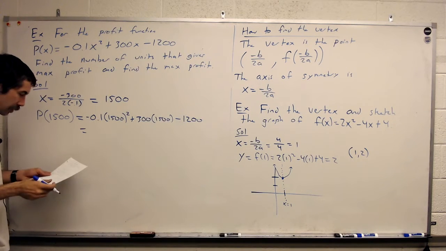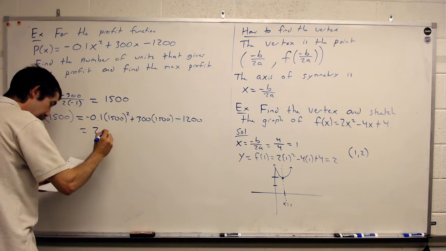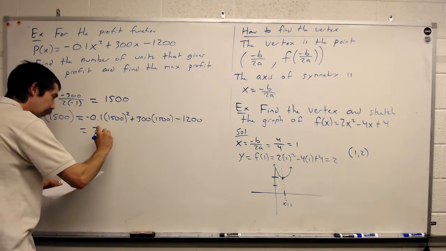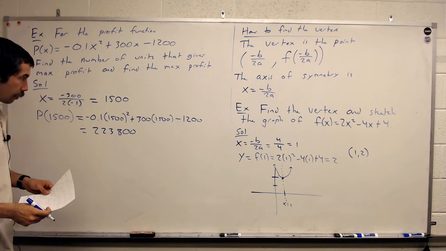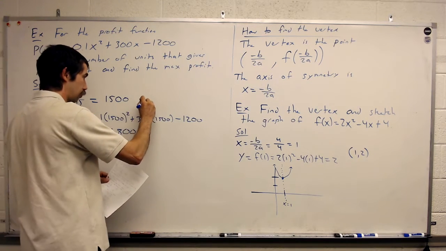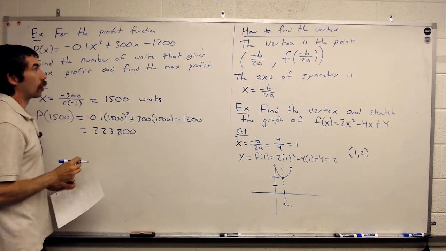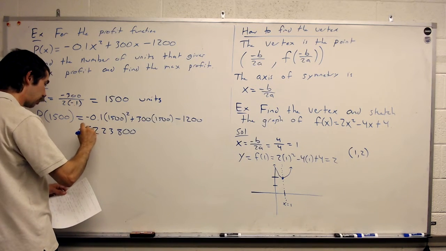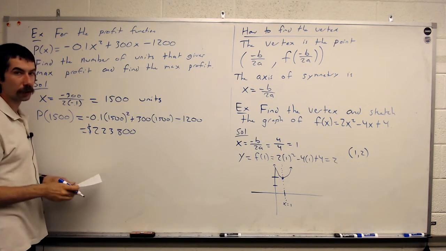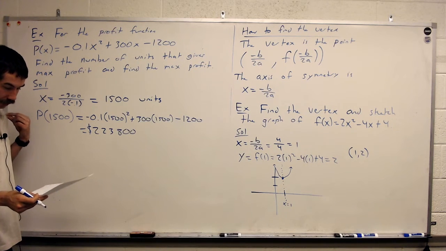And if we just type this into a calculator, that's 223,800. So our profit is maximized at 1,500 units, and the actual profit is $223,800.